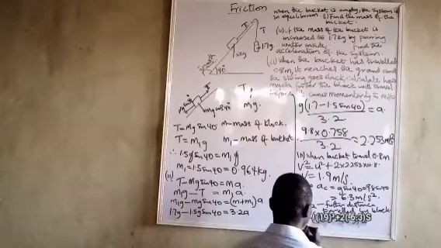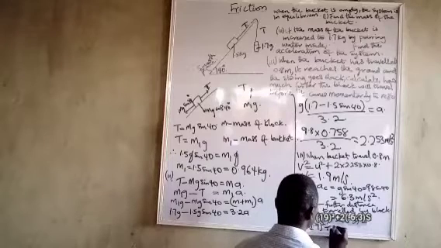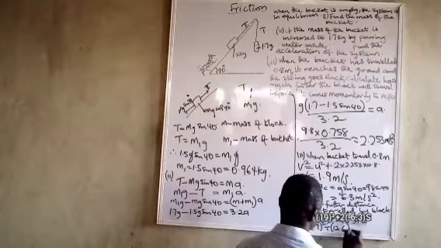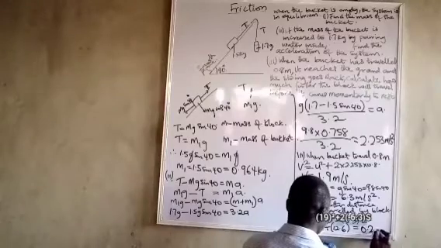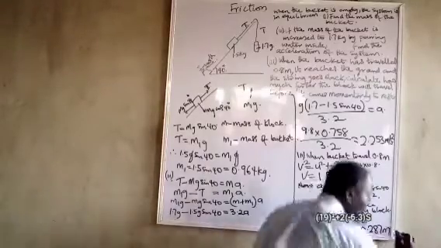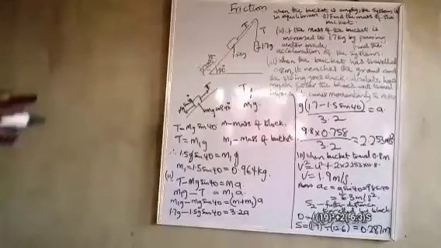So s will be equal to 1.9 squared divided by 12.6, and that will give me 0.287 meters. So the block travels further a distance of 0.287 meters up the plane.